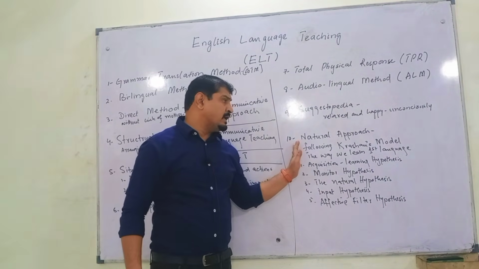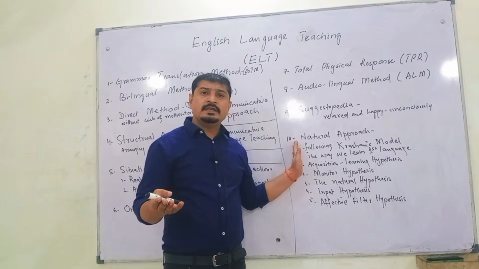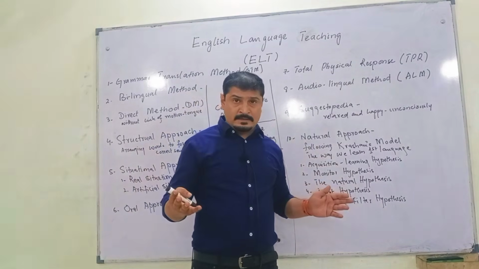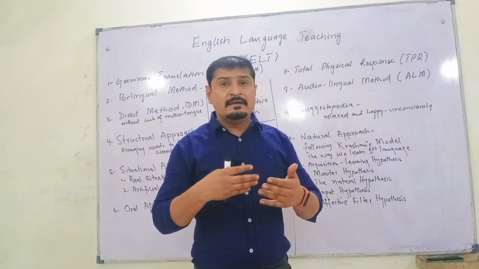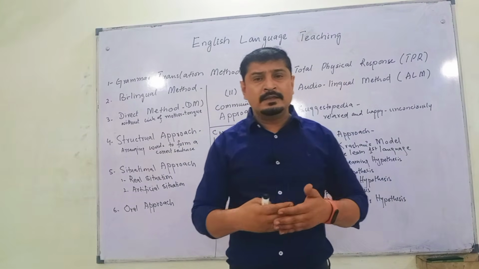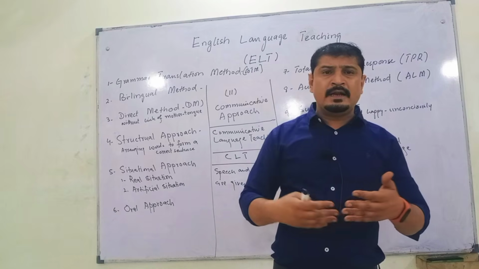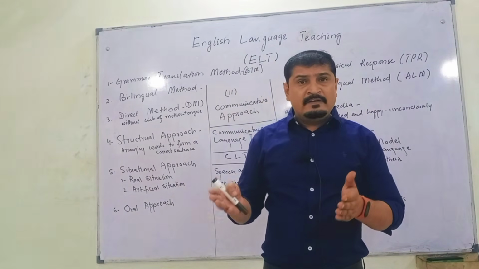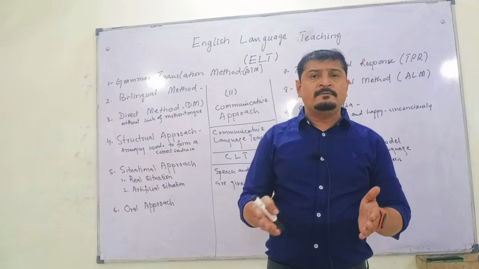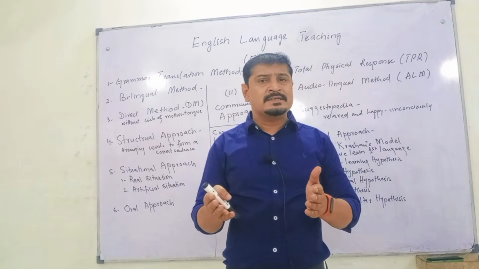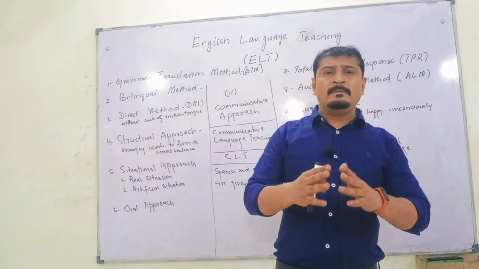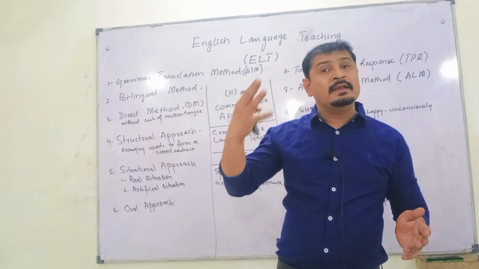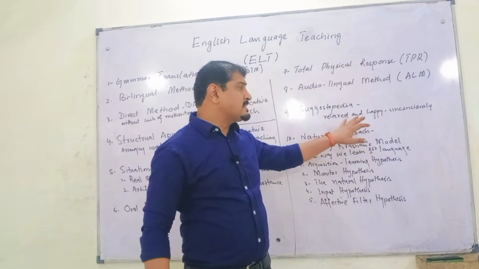Then we have the natural approach. The natural approach is more like how we learn our first language. For example, how did we learn our first language? We listened from our mothers, our surroundings, our parents, our brothers, sisters, the atmosphere available. The way we learn our first language slowly from words to sentences, sentences to phrases, from very basics, the way we created our mind for the first language, the same strategy is followed.